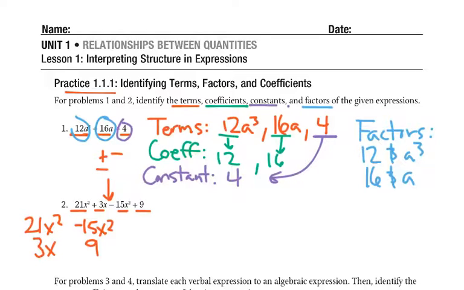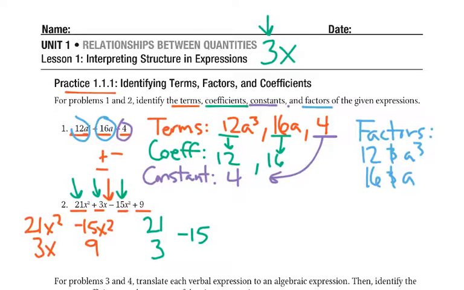Now our coefficients: we look for those numbers in front of the variable. So you've got 21, 3, and negative 15. Remember, the coefficient isn't the whole term, it's just the number in front. Also remember this idea with coefficients: with 3x, that 3 is not really just a number, it's how many x's there are.